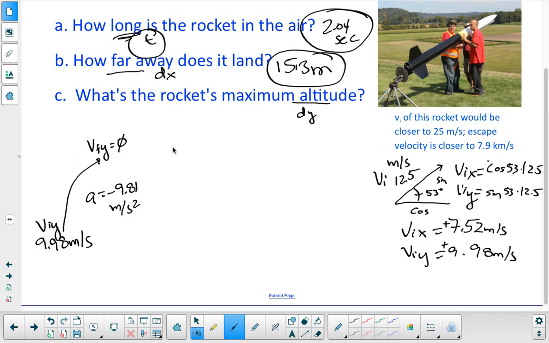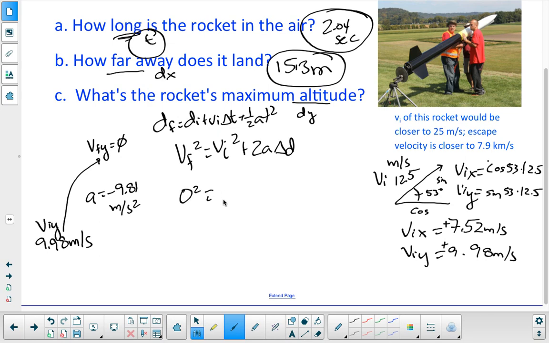They don't necessarily have to. I could use this one, vf squared equals vi squared plus 2a delta d. That one works. I can also use df equals di plus vi delta t plus 1/2 a t squared. I can use either one of these equations and it should give us the same answer both ways. So again, with this one, I can use 0 squared equals vi.